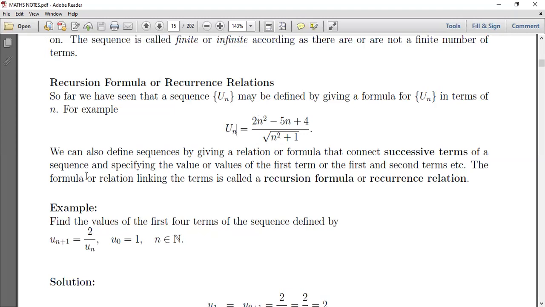How do we come up with the terms in a recurrence formula? A simple example is this one, whereby we are saying u(n+1) is equal to 2 over u(n), and you are given u0.